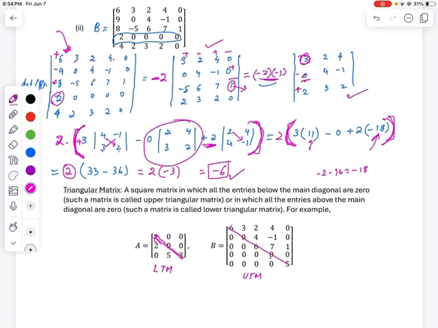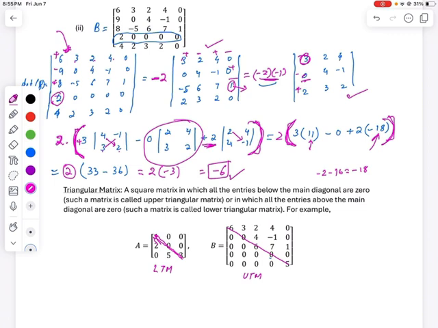So I just wanted to mention, because previously I haven't used this terminology, triangular matrix. So what is a triangular matrix? A matrix in which all the entries above the main diagonal are 0, or all the entries below the main diagonal are 0.